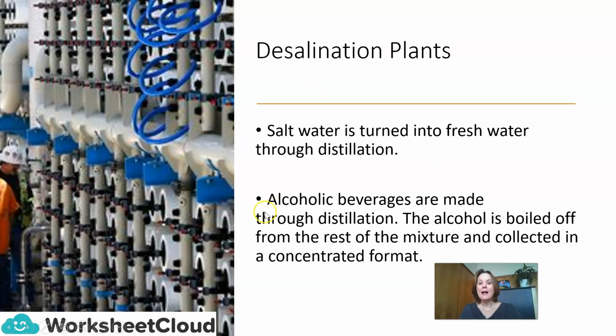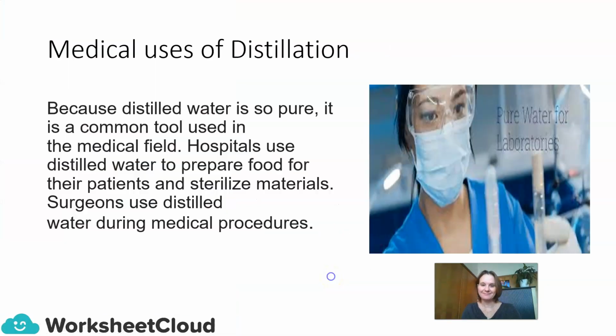behind. Alcoholic beverages are also made through distillation. So the alcohol is boiled off from the rest of the mixture and collected in a concentrated form. So you've all heard of refined gin and distilled gin. That's how it's made, through the process of distillation.